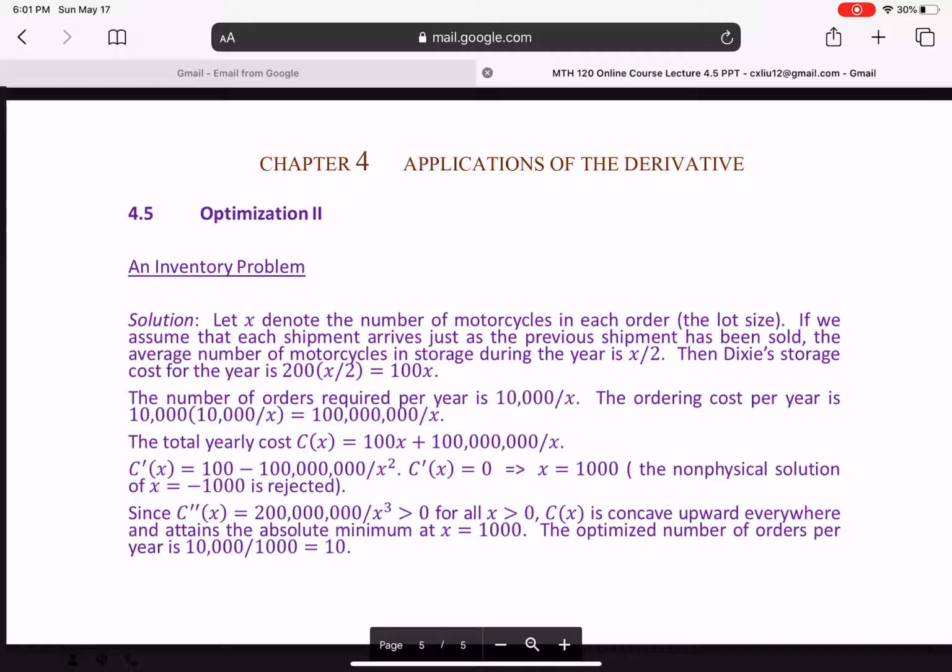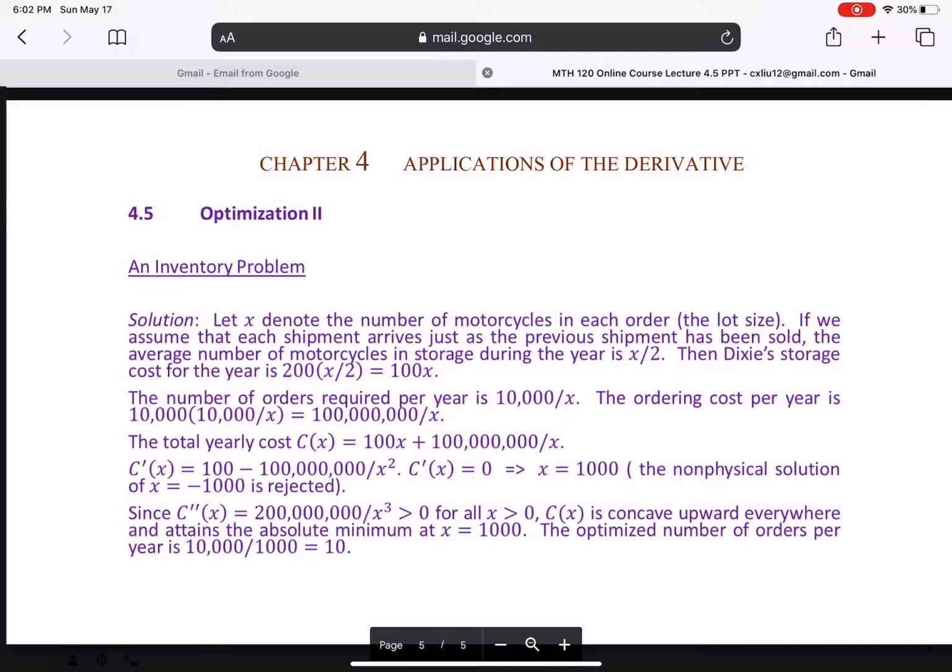Take the derivative of this total cost, we get 100 minus 100 million over x squared. Set equal to 0. We solve the equation, we get x equal to 1,000. And there's another non-physical solution of negative 1,000, but you cannot have a negative number of motorcycles in each order. So we just reject it.